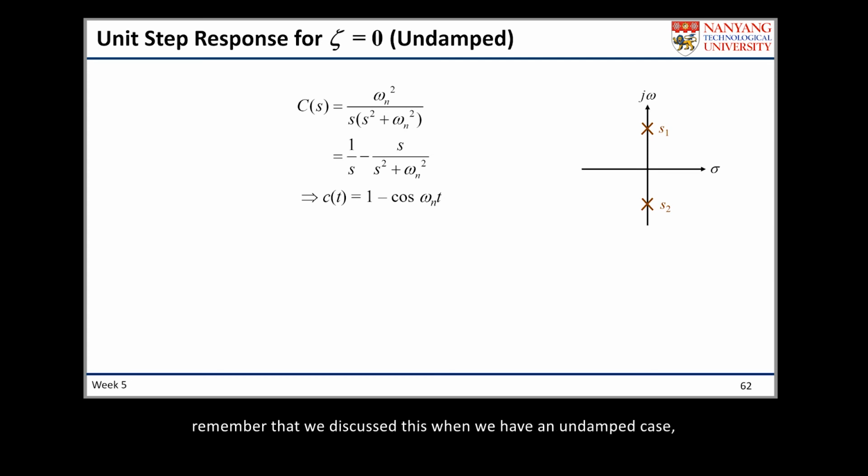When we have undamped case, we will have an imaginary conjugate pair of poles, which means that these two poles are conjugate to each other, but the poles are located at the imaginary axis. So the poles are plus minus j omega n in this case.